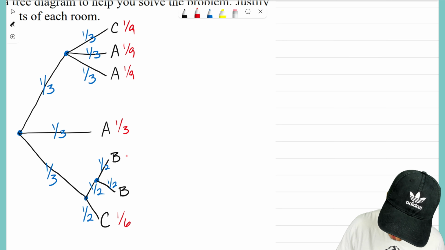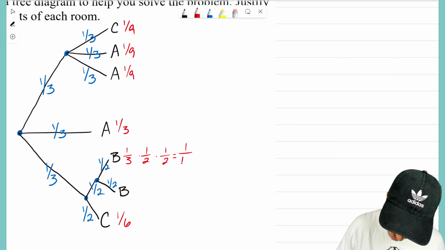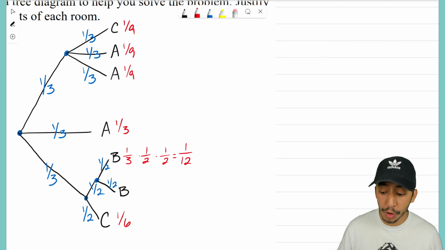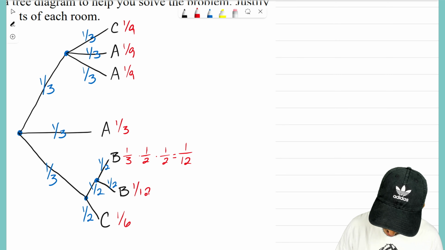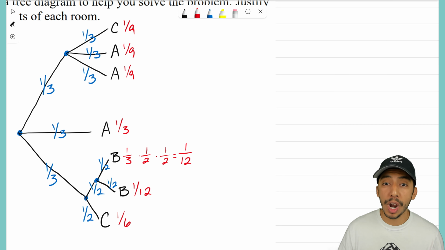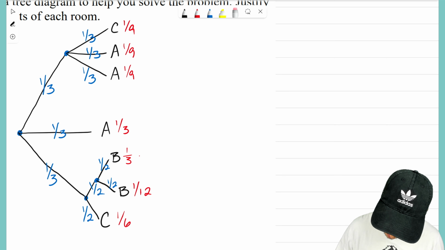I'll write that out though so we can see it. 1/3 times 1/2 times 1/2, that's going to end up equaling 1/12. We got to multiply every fraction along that route. Same thing for the bottom B. It'll be the same 3 fractions, but there we go. We now have the probability of him getting into each room on each path along this tree diagram.